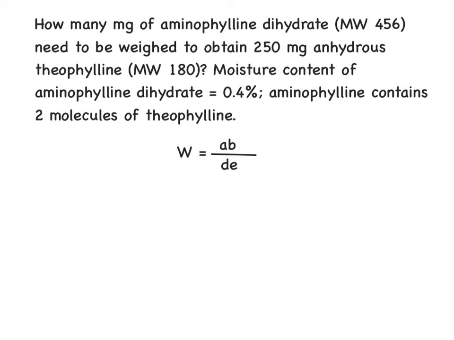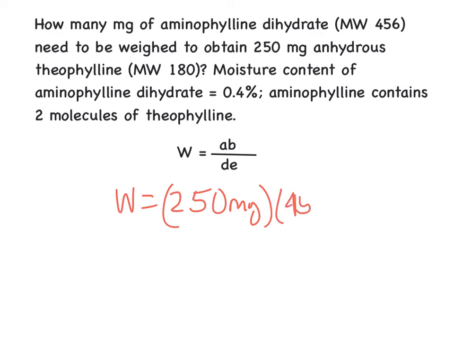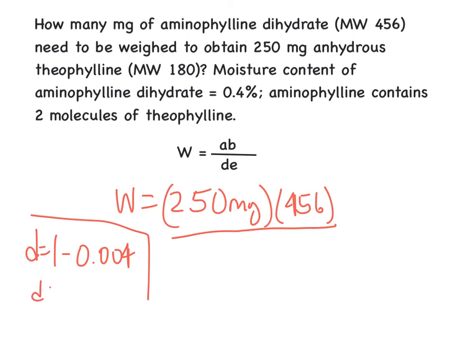So what we'll do is we have our W is going to be equal to A, which is the weight that we desire of the anhydrous, so that's 250 milligrams times the molecular weight of the hydrate, so that's 456, divided by our moisture content, so D is going to be equal to 1 minus 0.004, so that's equal to 0.996.